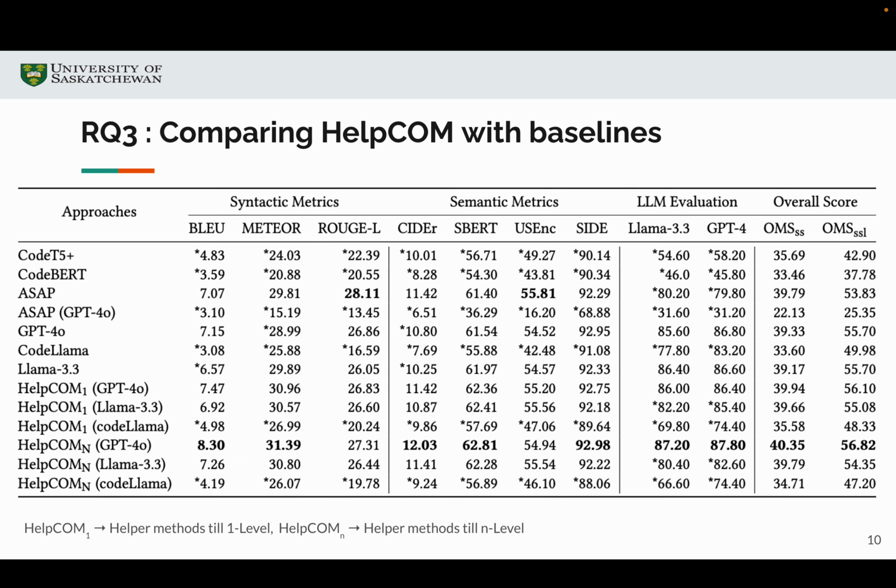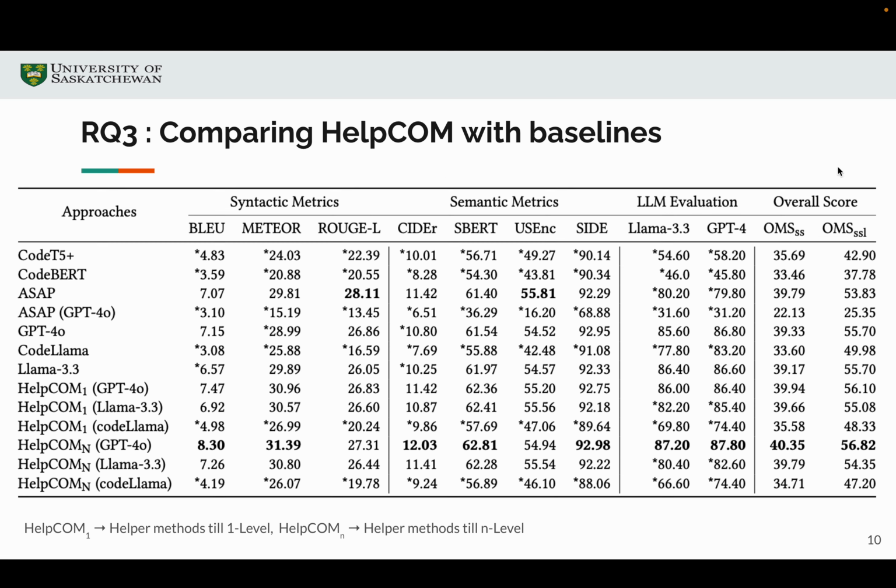For this we proposed a technique, HelpCom, utilizing LLMs and the helper methods to generate better summaries. We already showed you in the methodology how we generated the summary, and here we compared HelpCom with other approaches over three groups of metrics: syntactic, semantic, and LLM evaluation.